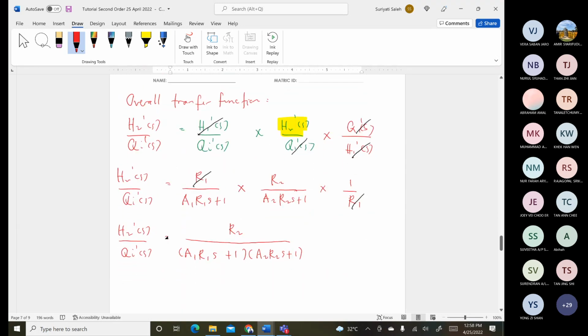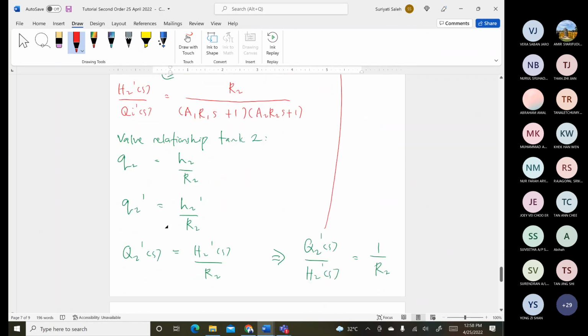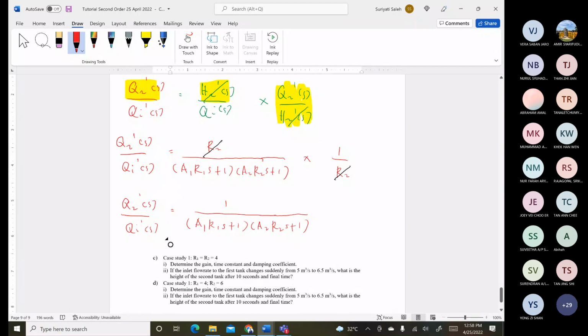So the second order transfer function can be obtained based on the arrangement of tanks in series. That's how you can obtain the second order. So from these two examples, we can obtain two overall transfer functions, and we use the valve to relate the overall mass balance of tank 1 and tank 2.